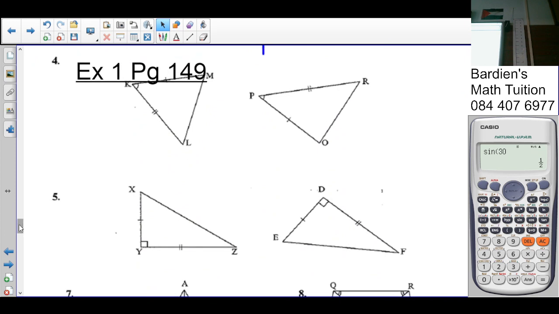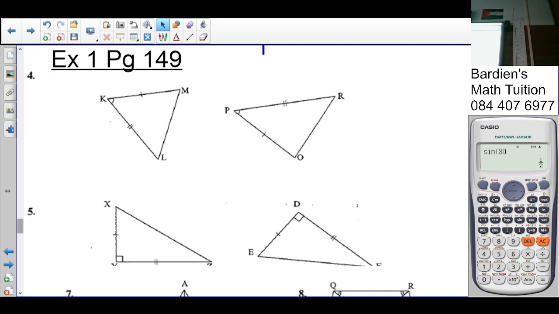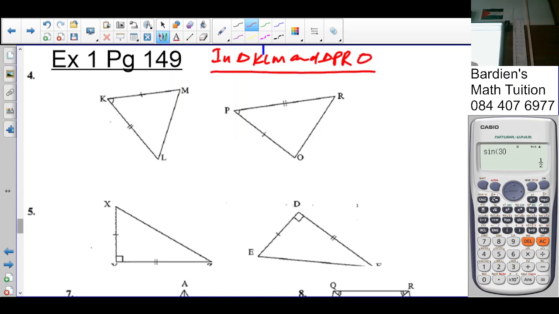Right, let's look at number 4. So what do we say here? Start off by saying in triangle KLM and triangle, so if we go K must be P, L, so we need to mark 2, so it has to be R, O. Right, what can I say? What can I say, people? KM, yes, is equal to PO. Why? Given.